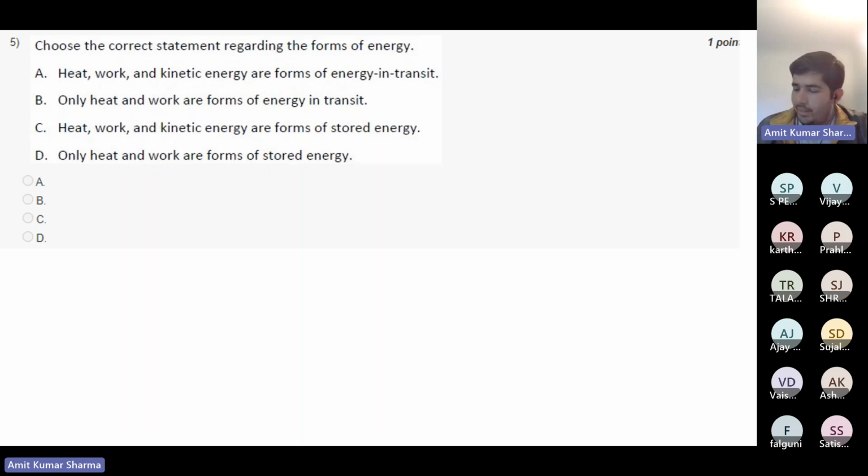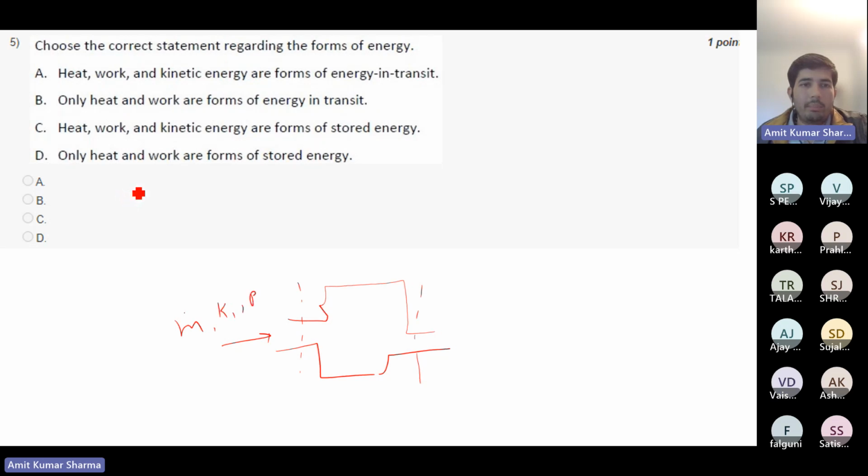Kinetic energy, potential energy, vibration energy. Suppose you are taking a system. Suppose I have a system like this. Maybe at this point and this point, some part of fluid, mass flow rate m, will be having kinetic energy K1, potential energy P1 at point 1.